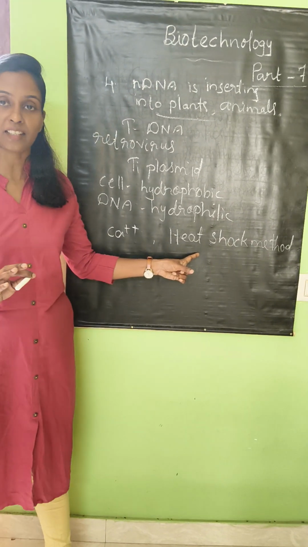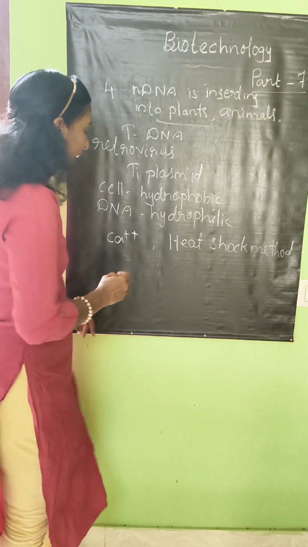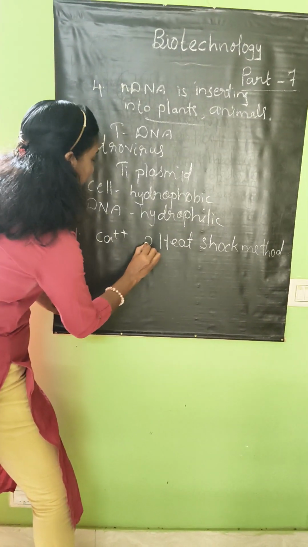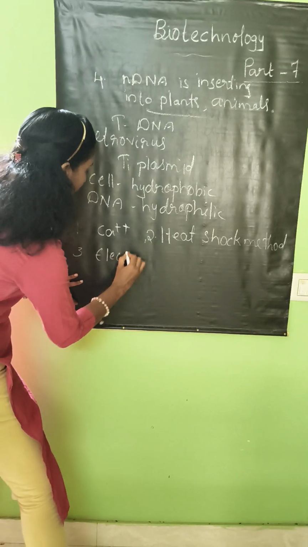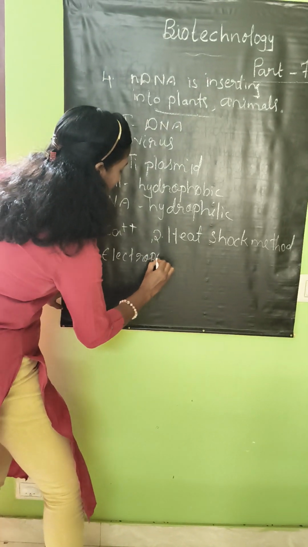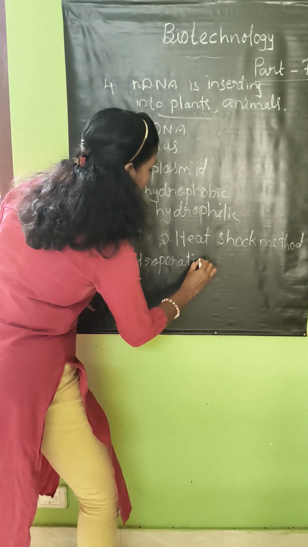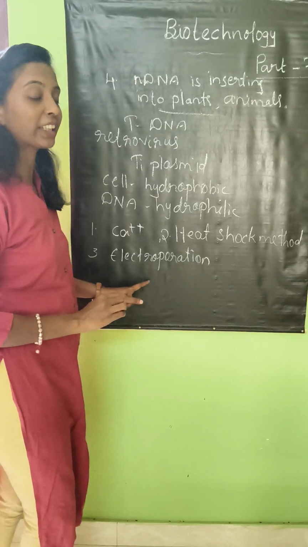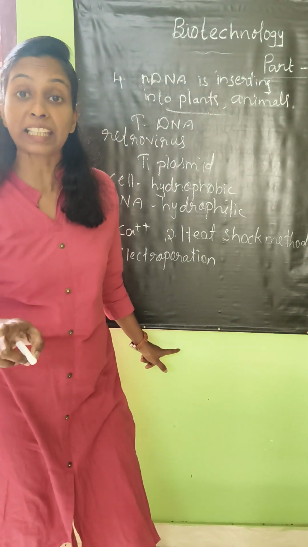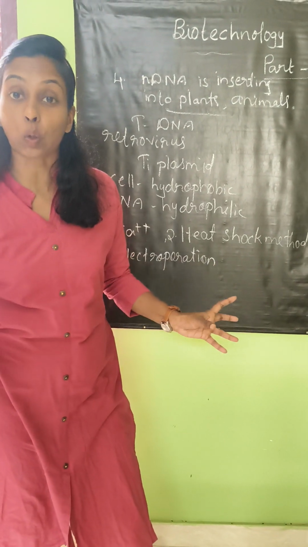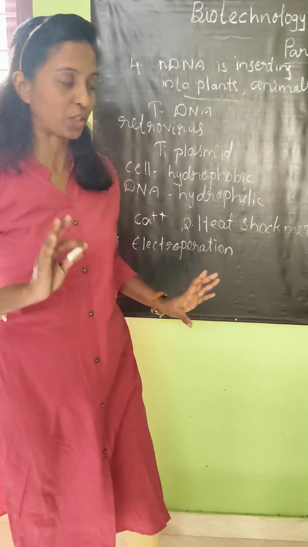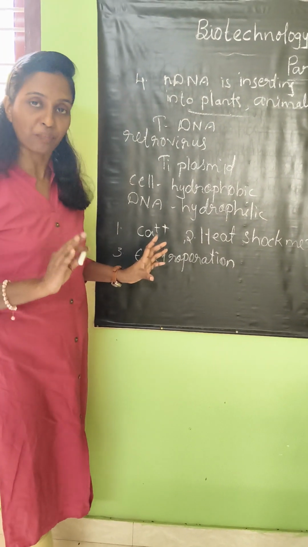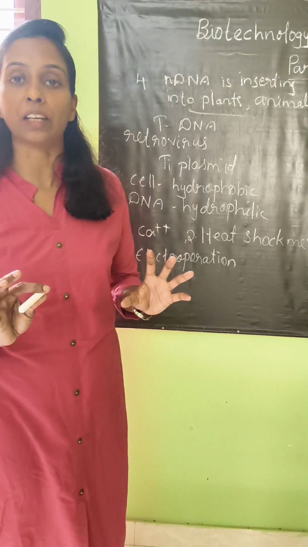That is the second method. The third method is electroporation. As the word itself suggests, applying electricity increases the concentration of pores so that we can insert our DNA into the host. In this way we can make a competent host.